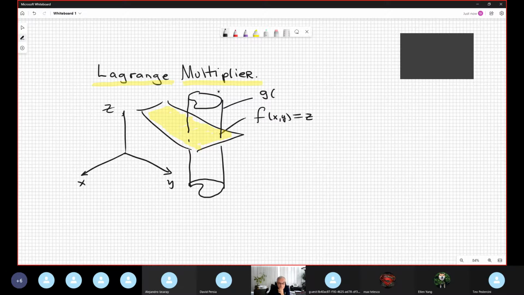I want to call it g in the language of the Lagrange multiplier. We have f and g, and f is the objective function, the function that you want to optimize, minimize, and g is the constraint. So I need to find the maximum and minimum.